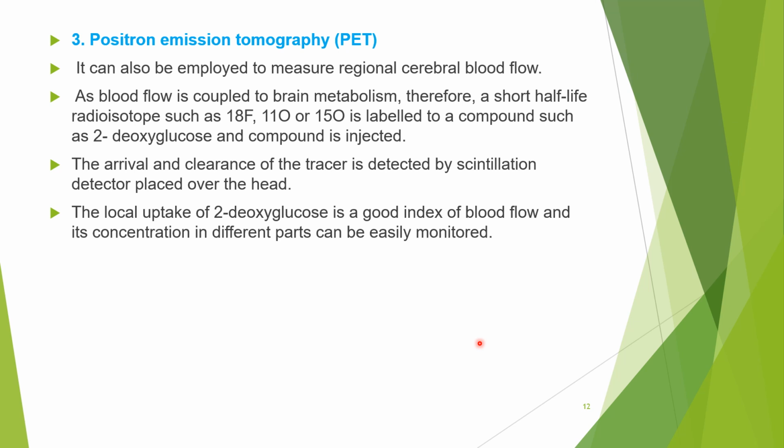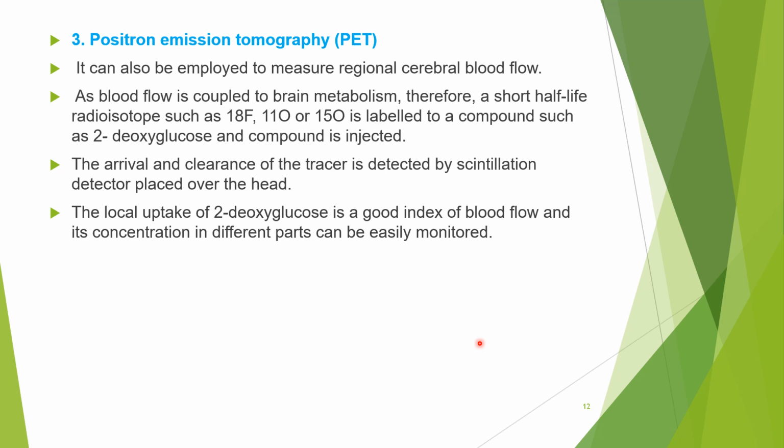The main thing is that 2-deoxyglucose will be taken up by the brain tissue. The local uptake of this glucose molecule is a good index of the blood flow, and its concentration in different parts can be easily monitored.